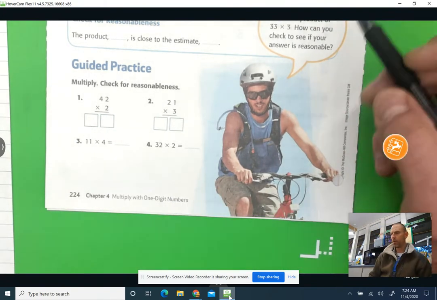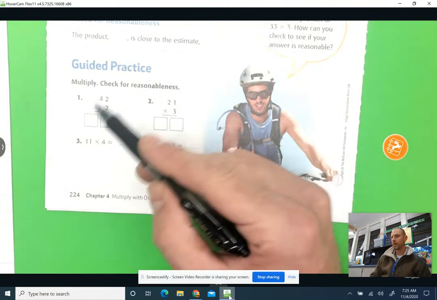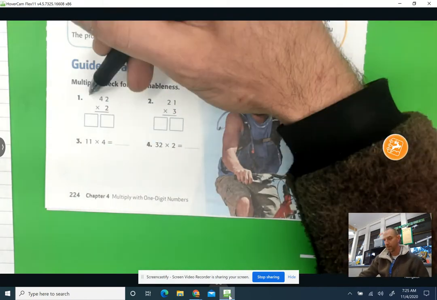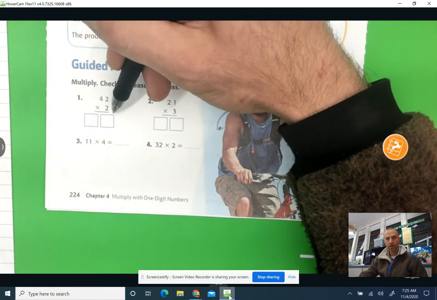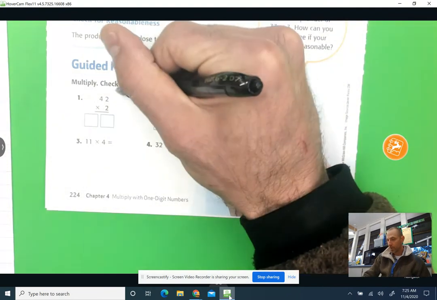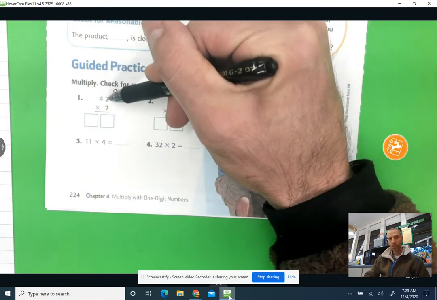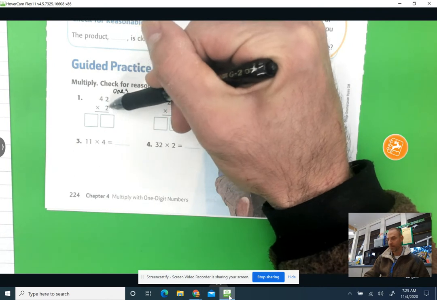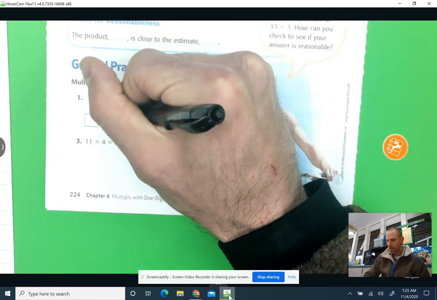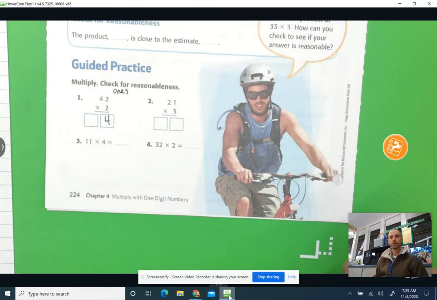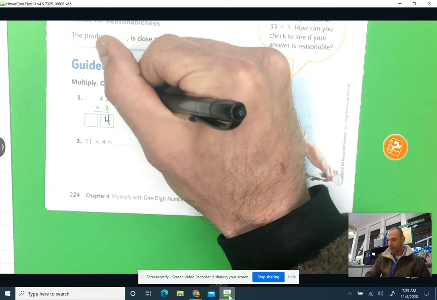Okay, so number 1 is 42 times 2. They put the two-digit number on top and the one-digit number on the bottom. Start with the ones place. The 2 is in the ones in 42, and then you have your 2 down here. 2 times 2 is 4. Now multiply the tens.